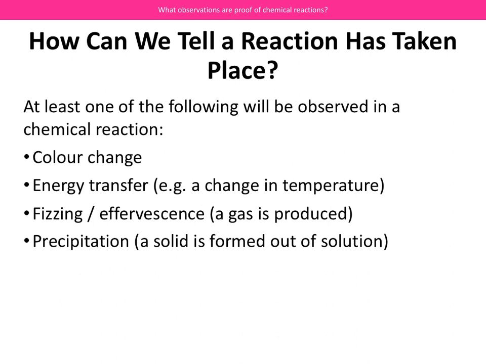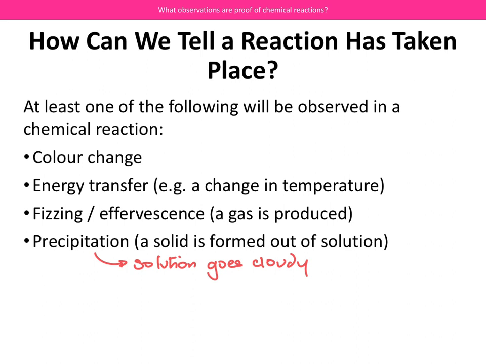Here, though, if we were making an observation, how could we tell a precipitation was taking place? Then what we would typically see is our solution going cloudy. That is an indicator that there's a precipitation reaction, and so clearly we have evidence that a reaction has taken place.